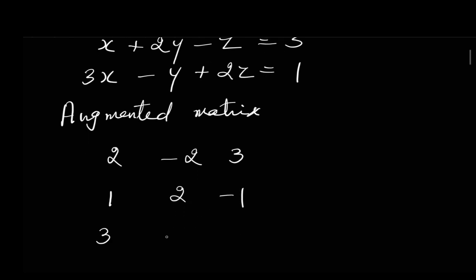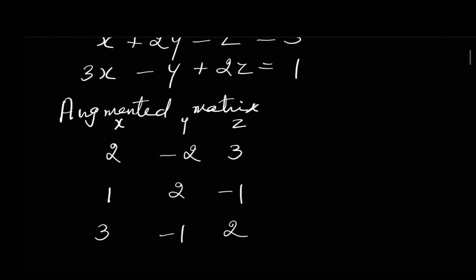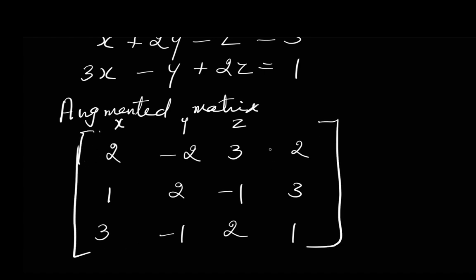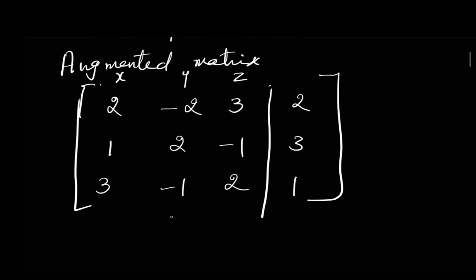Third equation, 3, minus 1, 2. So, coefficient of x, coefficient of y, coefficient of z. And the constant terms here are 2, 3, 1. So this matrix which has only the coefficients is A and the constants is B. So we represent this as matrix AB. This matrix is called the augmented matrix.